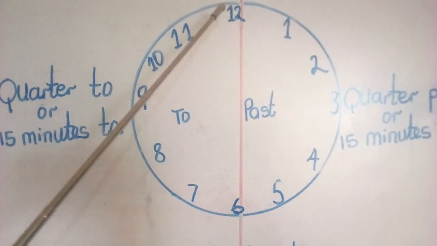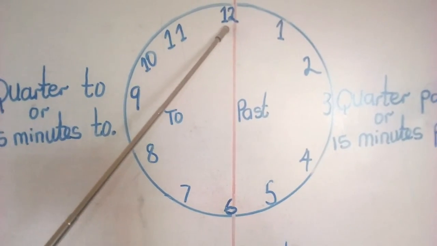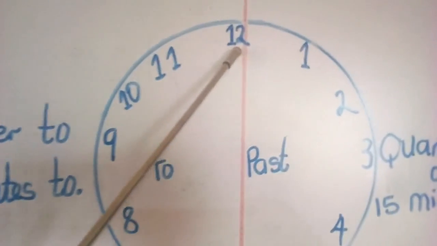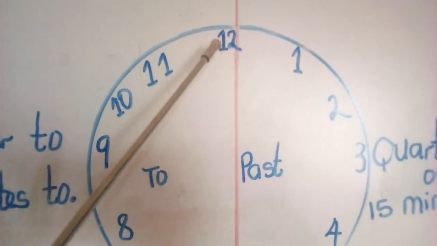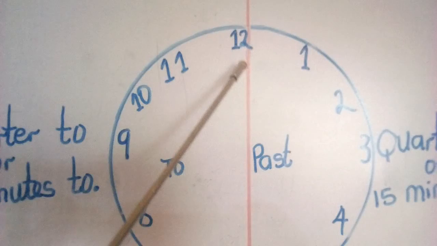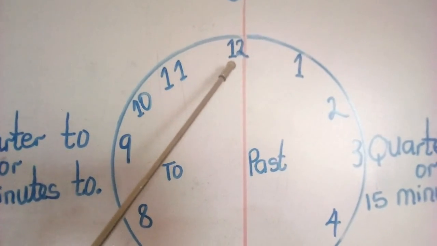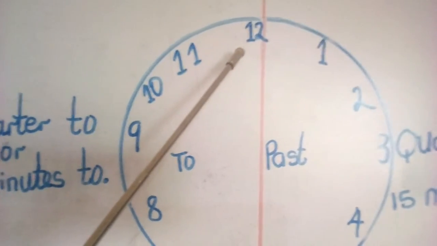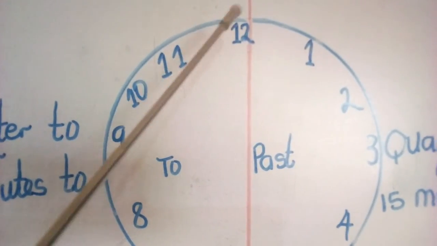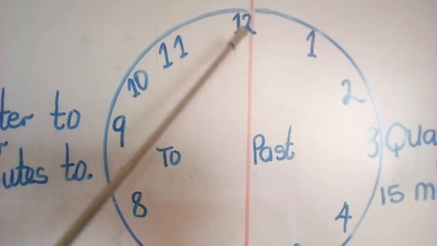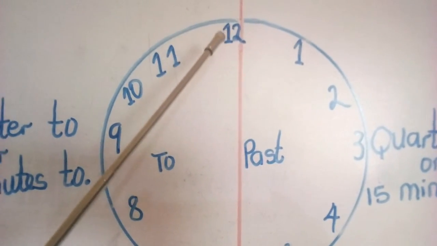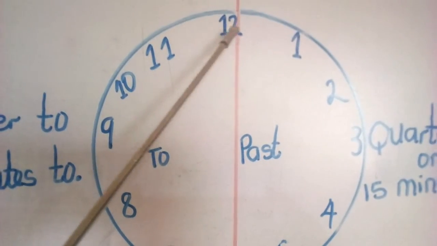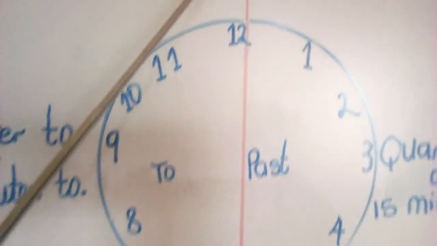Okay, so remember I said it is the hour hand that will point to where a number is, and the minute hand is the longer hand. So whenever the hour hand points at the number, if the hour hand is pointing at 12 and the minute hand is also at 12, it is called o'clock.